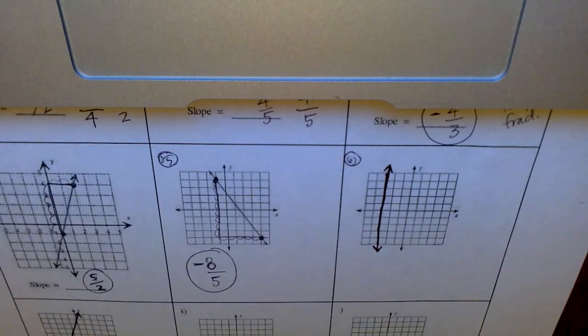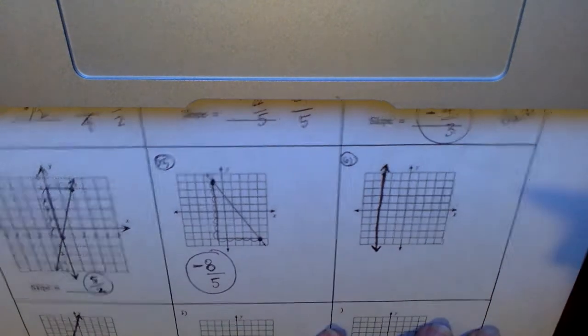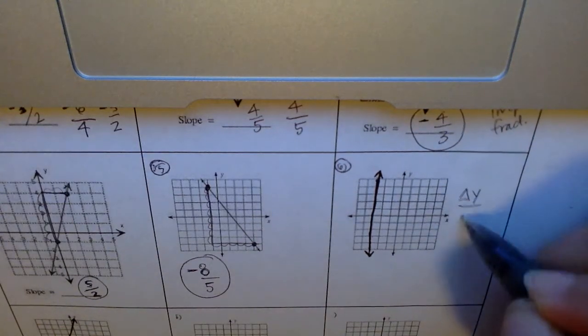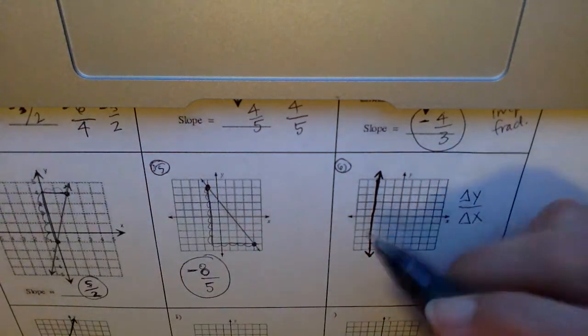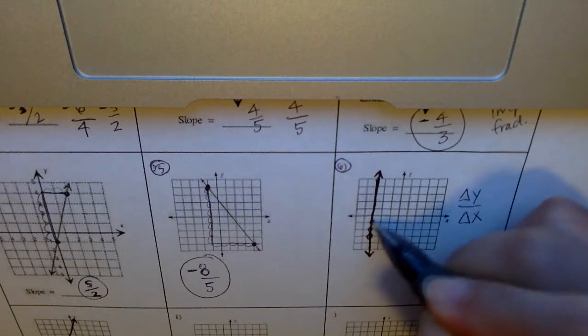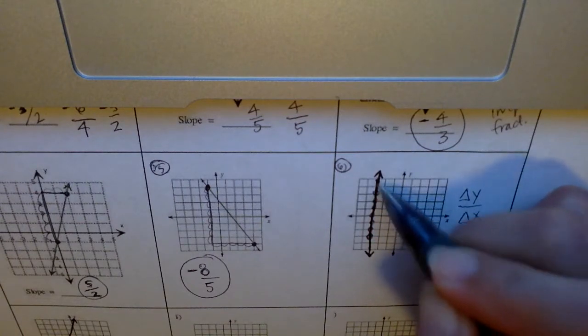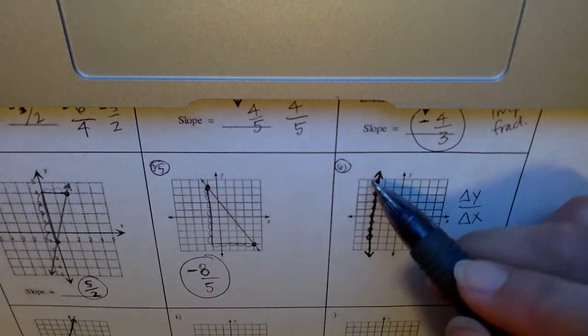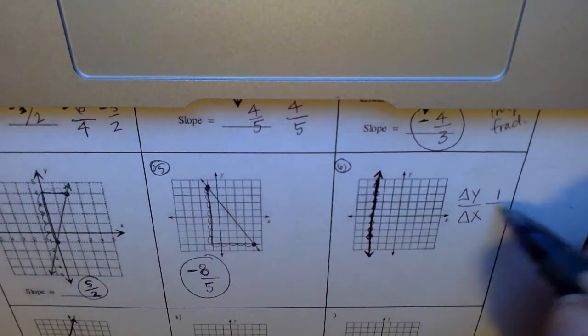All right, on number 6, we have right here a vertical line. This is one of those special cases. A vertical line has a unique slope, and if you want to talk about the change in y over the change in x. Now, this point right here, and this point right here, and this point right here, what do we notice about the change in y? It's changing by 1 every time.